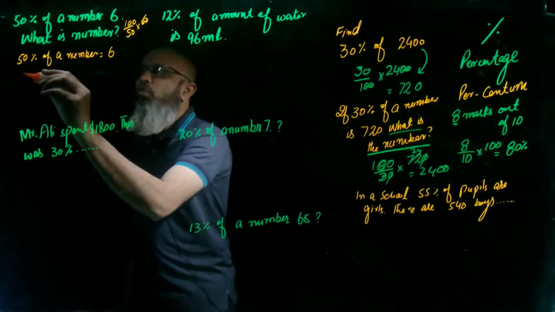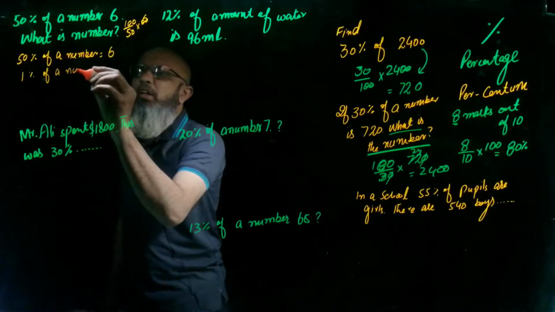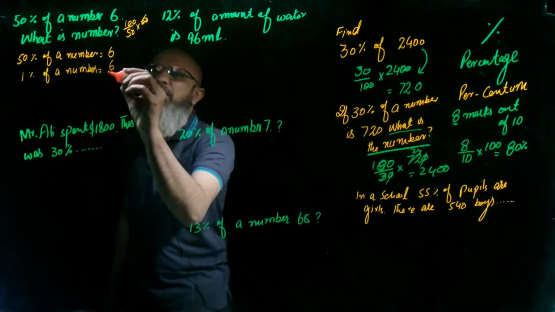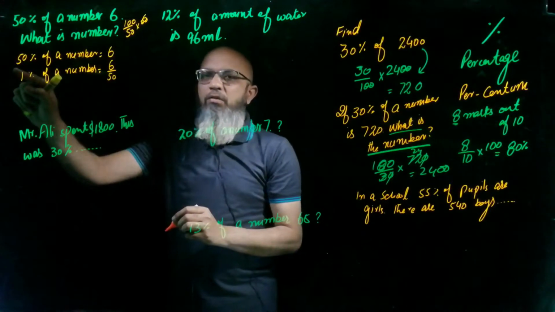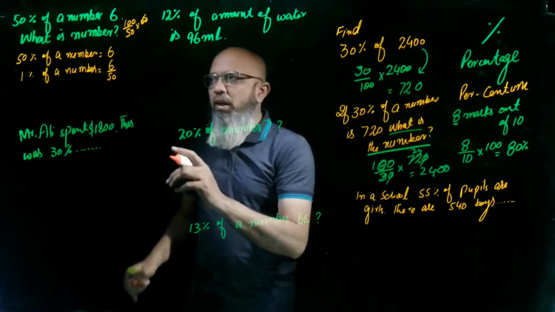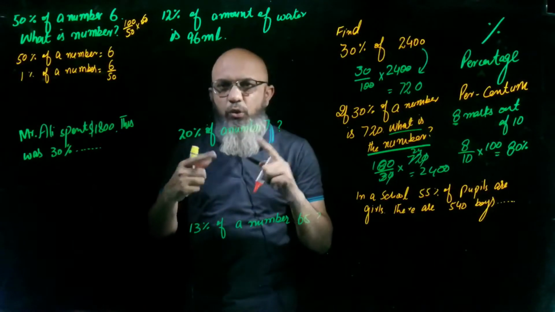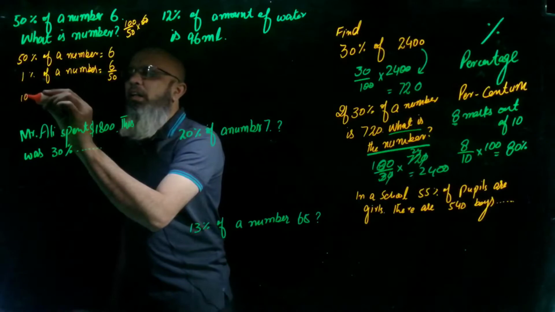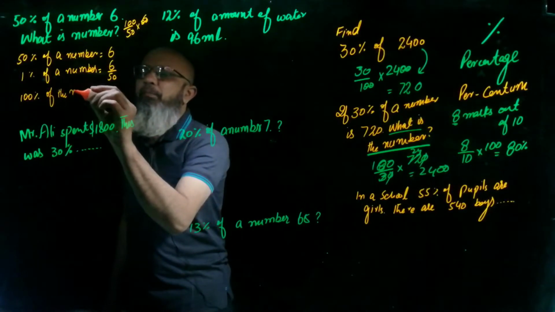We find 1% of a number by simply dividing by the percentage: 6 divided by 50. We will do the same step in each question. Now what do we have to find? We are going to find 100%, the total value. It means 100% of the number.